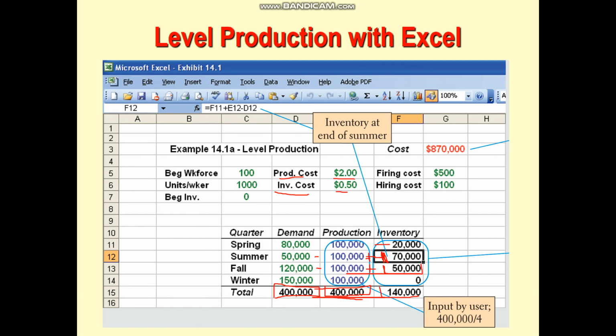So the formula for this cell is E15 multiplied by E5 plus F15 multiplied by E6. That's it for level production.